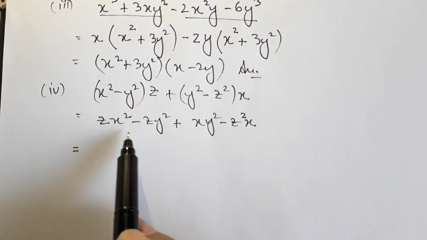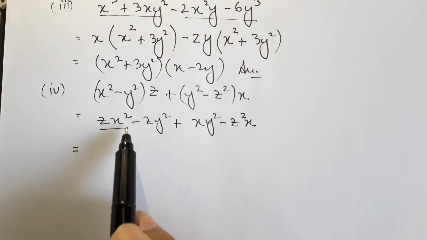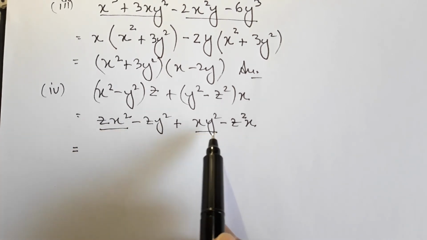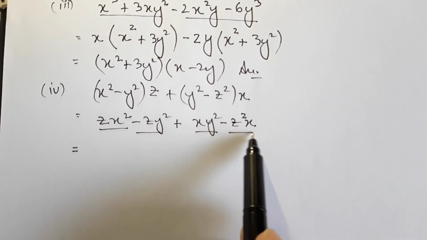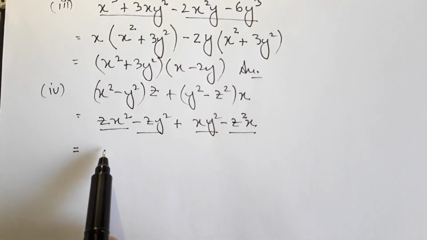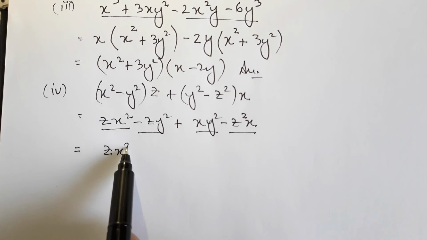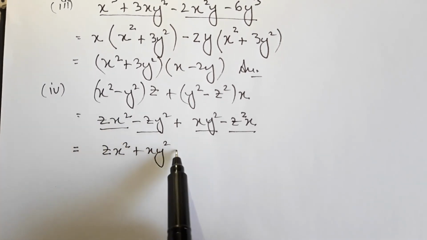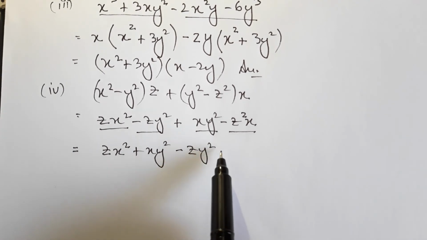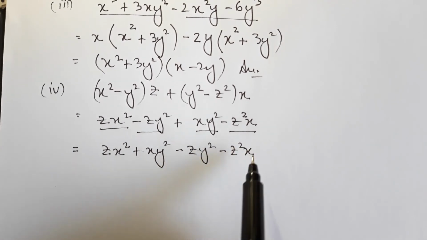Now making the pairs, zx square will be paired with xy square and minus zy square will be paired with minus z square x. So rewrite the pairs: zx square plus xy square, minus zy square minus z square x.